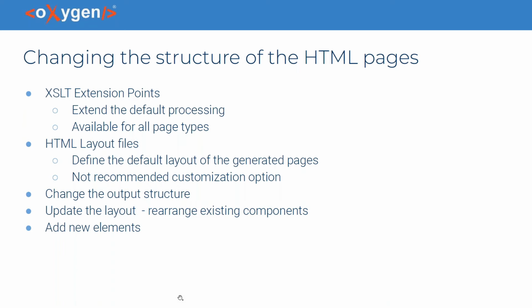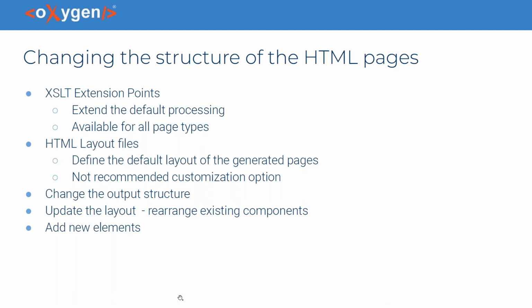The HTML page layout files are special HTML documents that contain a placeholder for each WebHelp component inserted at a certain location within the document. Each placeholder will determine the location where the associated component will be generated in the final output page. The search input is one of these components.